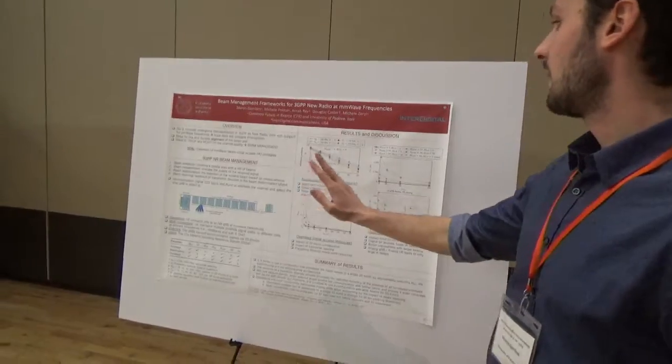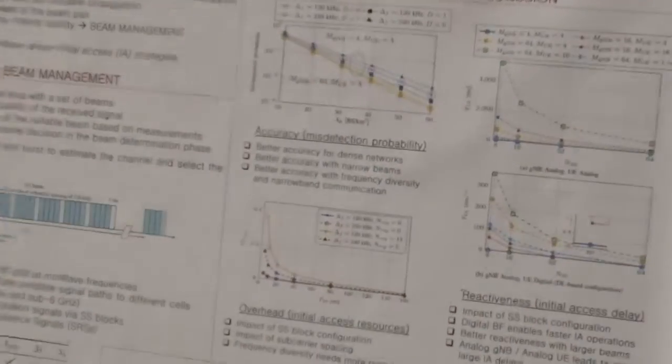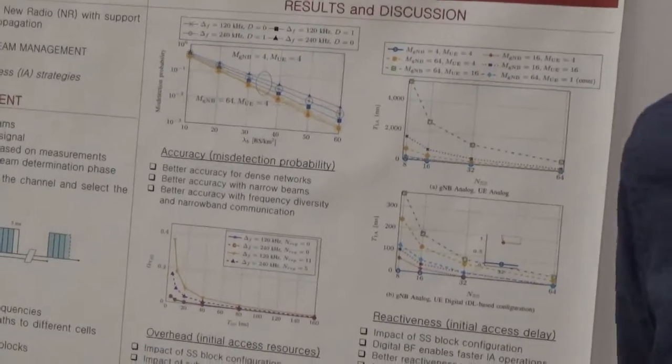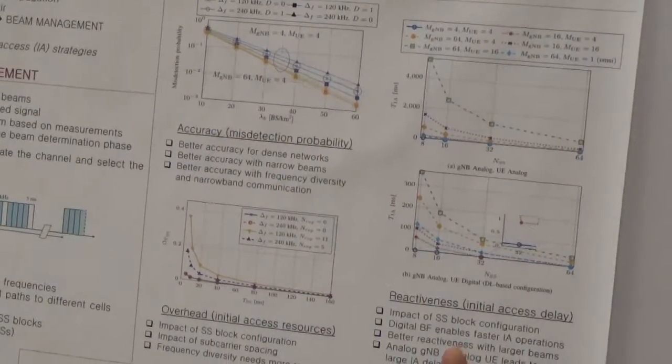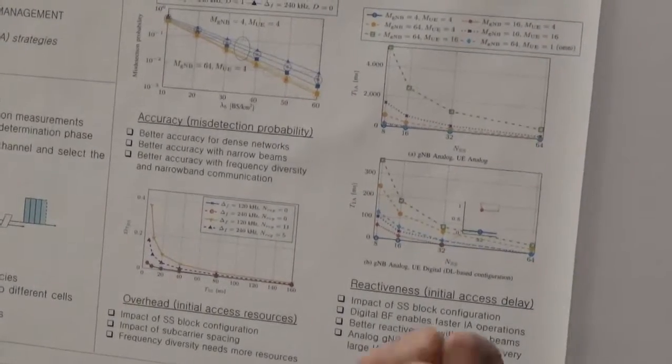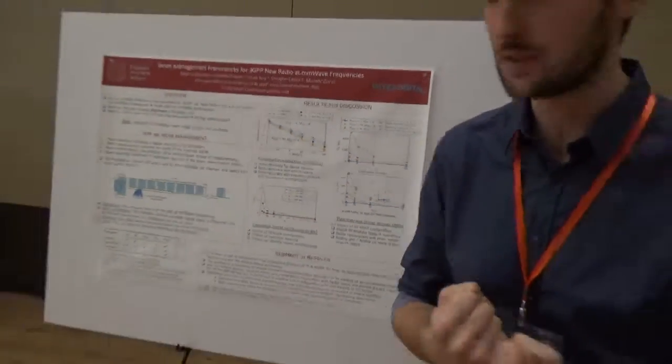Of course, there is a trade-off in terms of reactiveness, because for reactiveness we may want to have wide beams in order to cover the whole angular space with a smaller number of SS blocks in the burst.